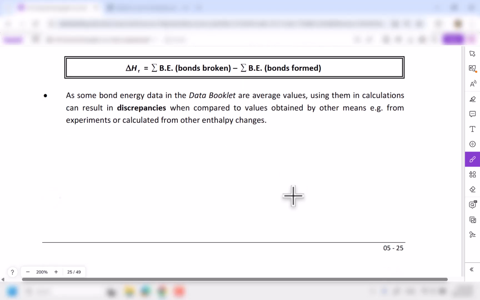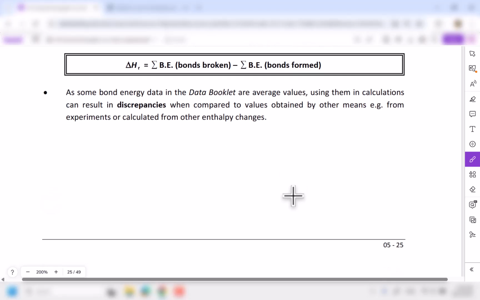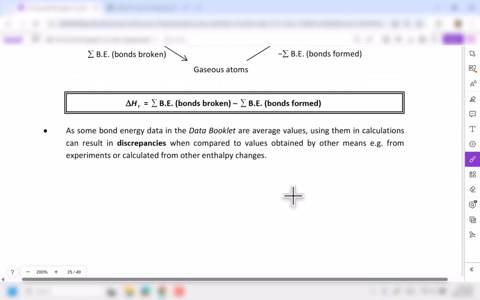So there will always be some discrepancies, for a few reasons. One of the reasons is that the values in the data booklet are cited as average values, so the actual values are influenced by the chemical environment around the atoms bonded to each other. Or it could be because this particular molecule is interacting strongly with some other molecules, and that might cause the weakening of the bonds.